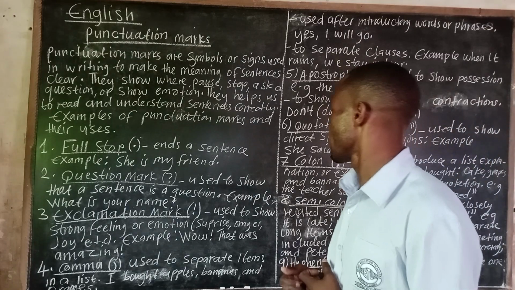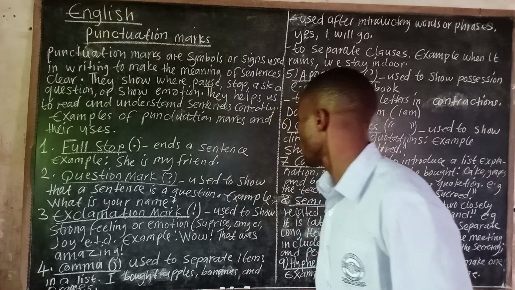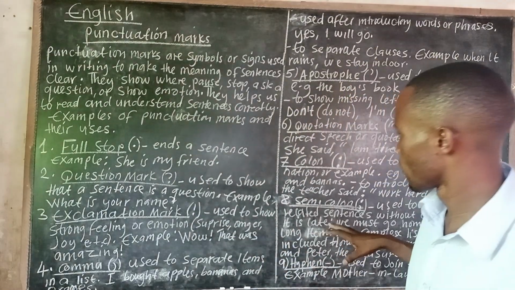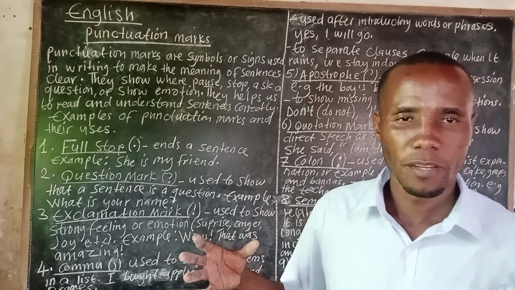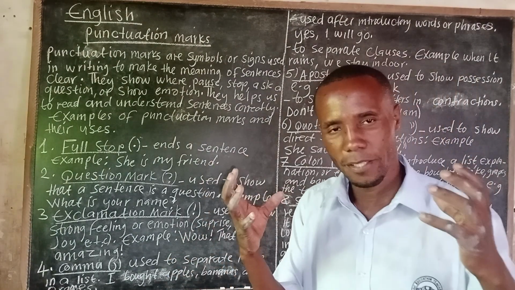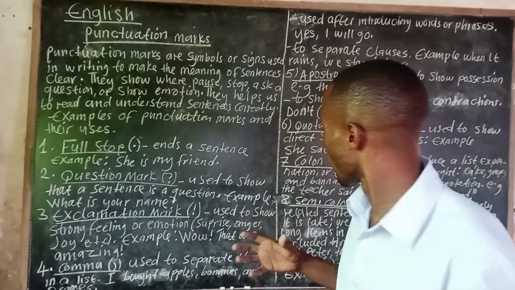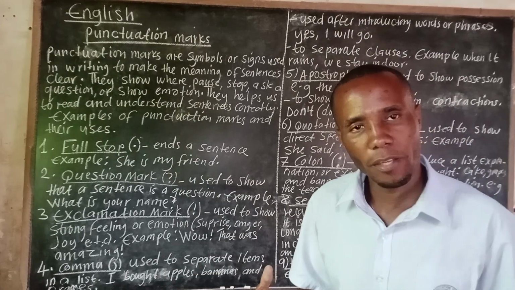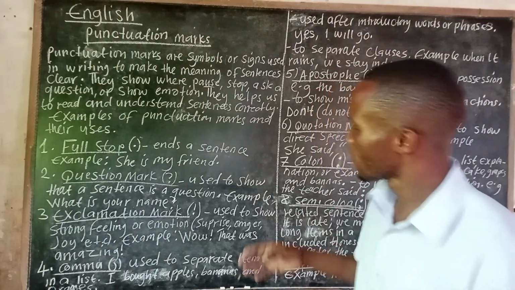Then 3, the exclamation mark. This is the symbol for the exclamation mark. It is used to show strong feeling or emotion. This is where someone gets surprised, someone gets overexcited, someone gets hungry, or when you are very angry.